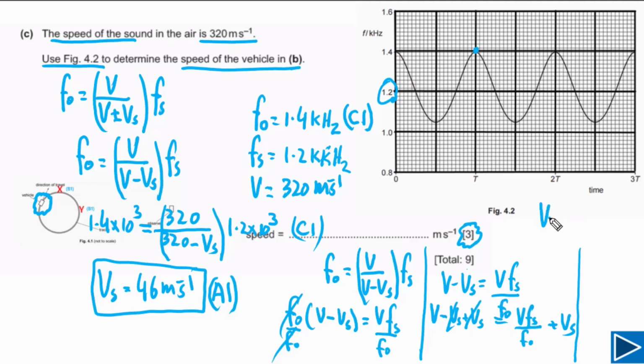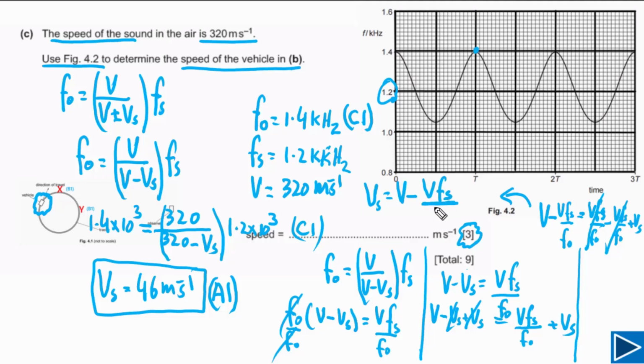You can subtract v f_s over f0 here, so you also have to subtract it on the other side, and plus v_s we have already here. Now you can see the negative and positive cancel. So v_s finally will be equal to v, the speed of sound, minus the speed of sound times the frequency of the source, meaning the frequency of sound produced by the source, divided by the observed frequency. In this formula you can plug in values if you don't know how to calculate from here.